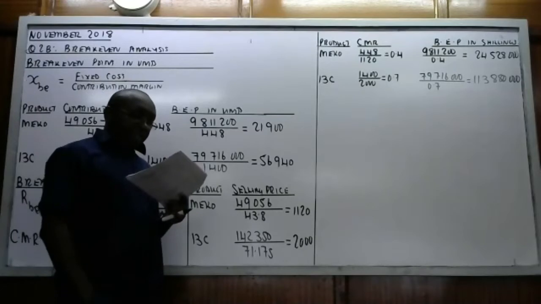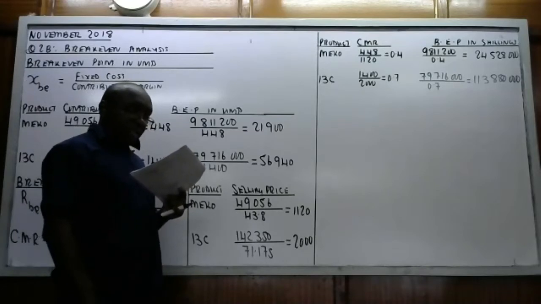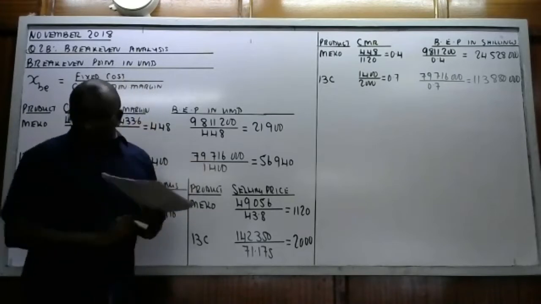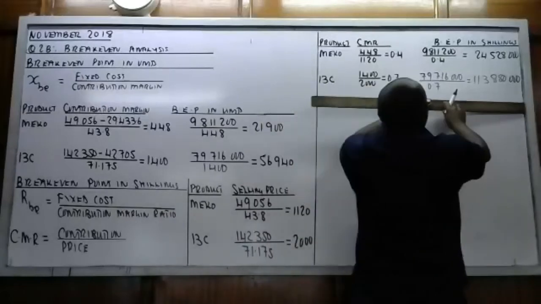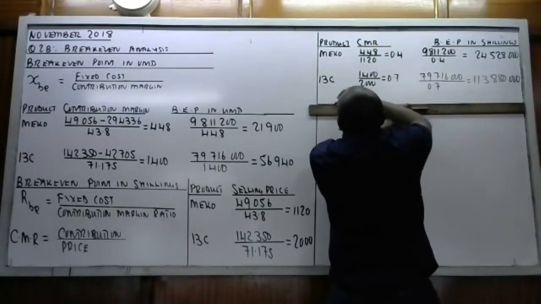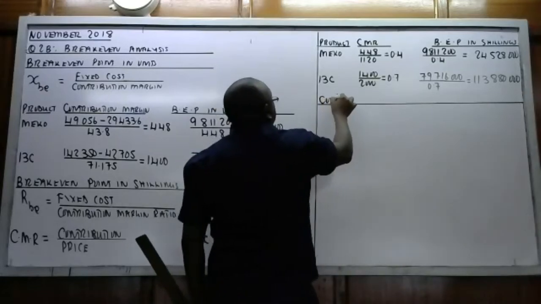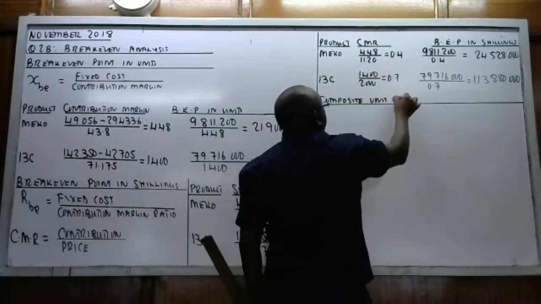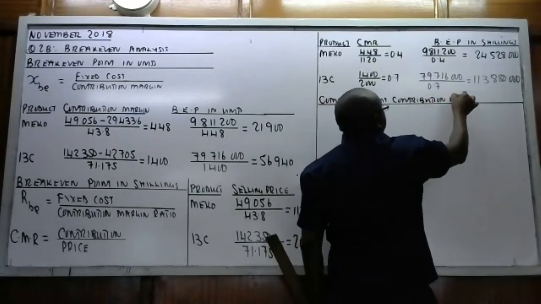Given that customers will buy Meko 3 times for every 2 times they buy 13C, compute the composite unit contribution margin.